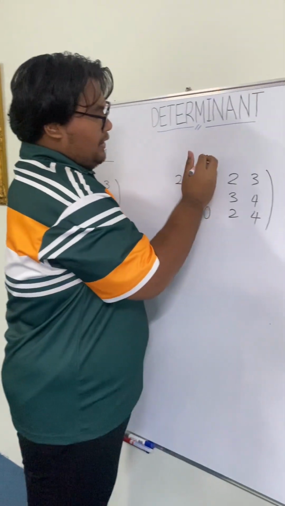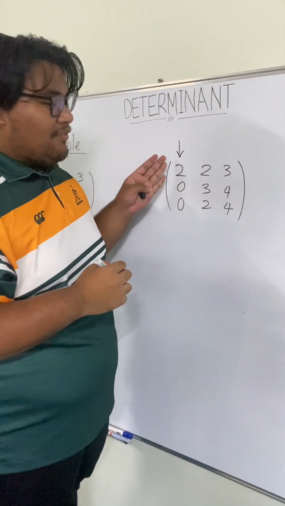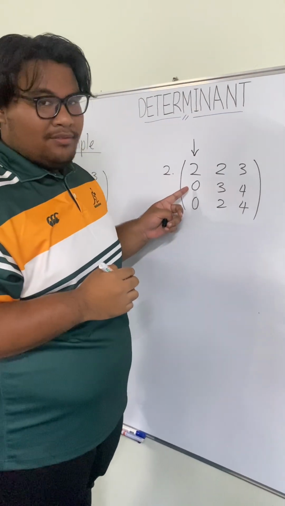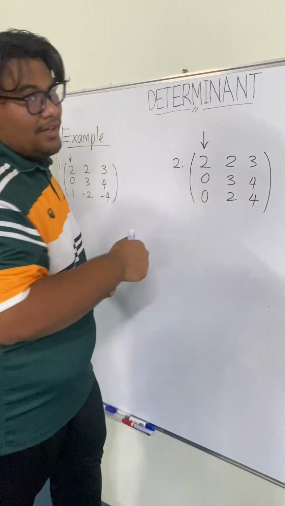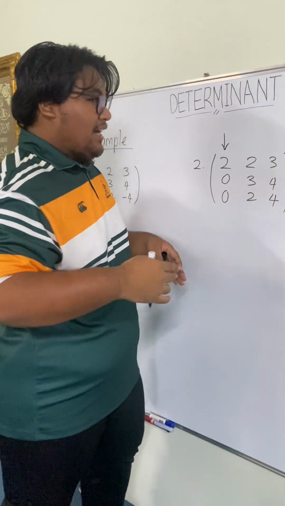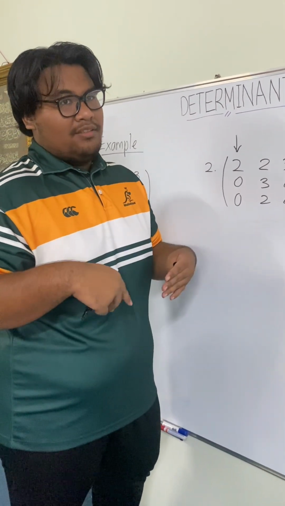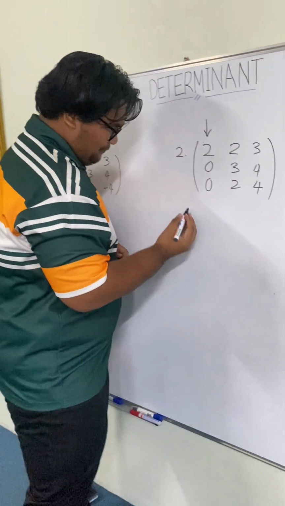For this one, the first row has 0, right? 2, 0, and 0. So you have to choose this row. Why? Because it makes it easier to calculate. Okay, I show you.